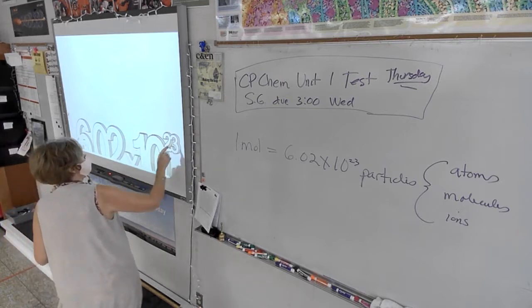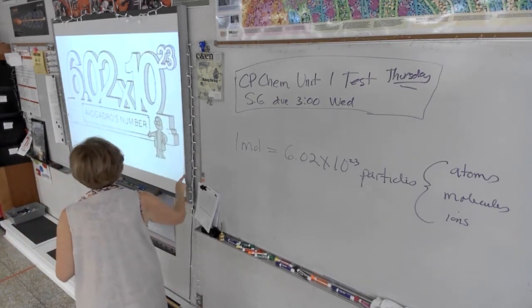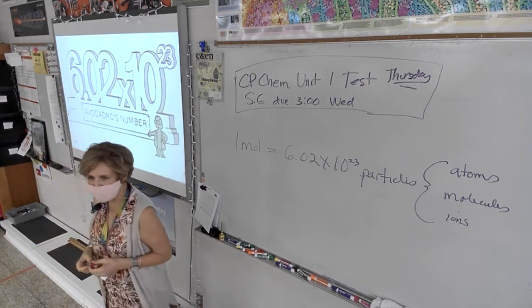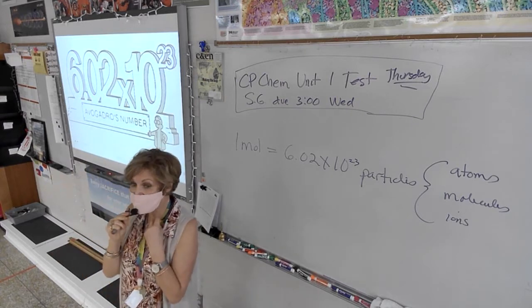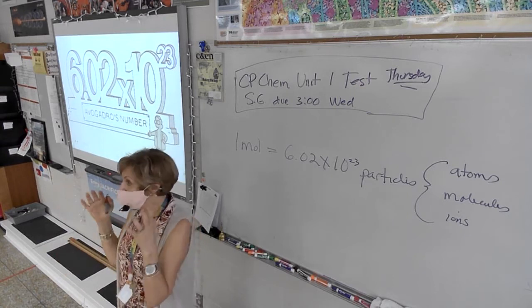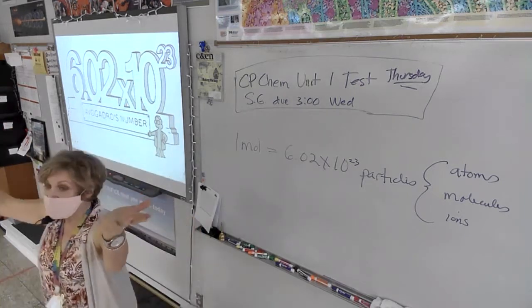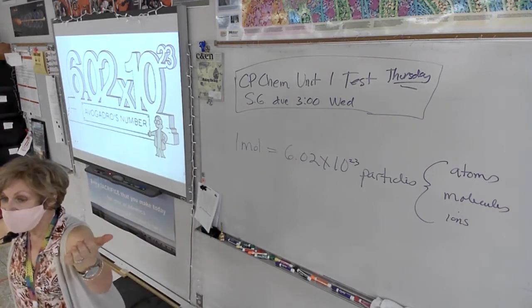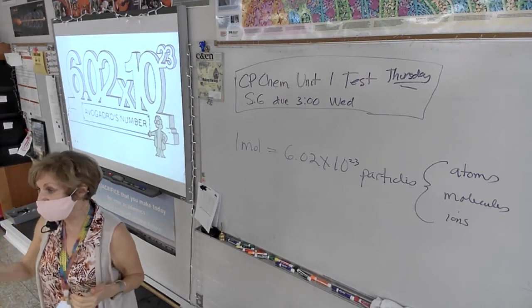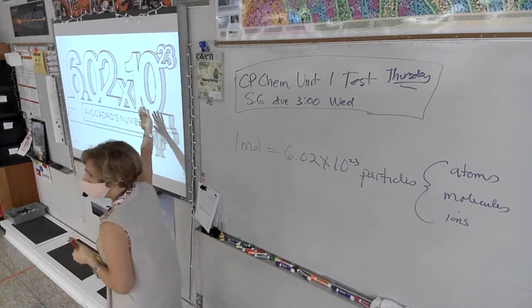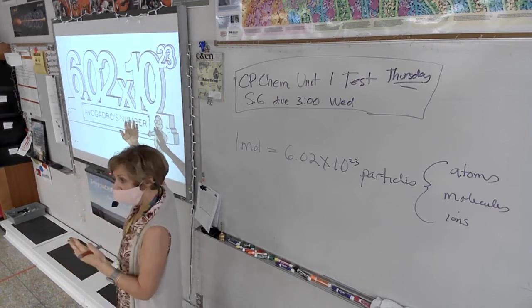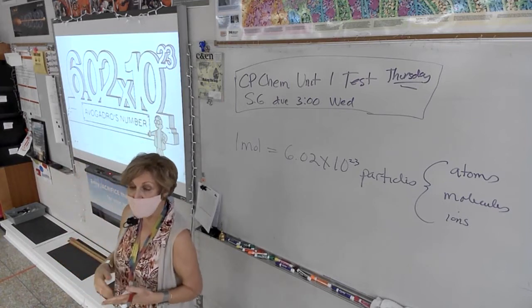All right. So this number, 6.02 times 10 to the 23, is so famous that we give it a name. What is the name we give to the number 3.14? Pi, okay? So this number we call Avogadro's number.